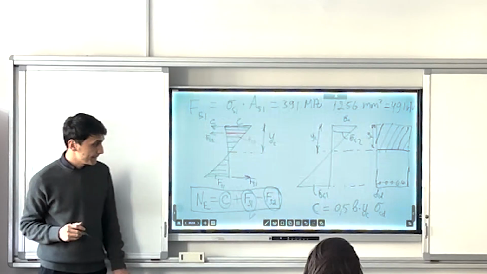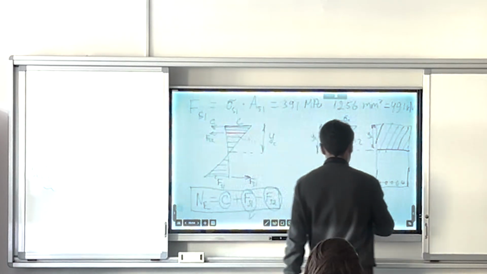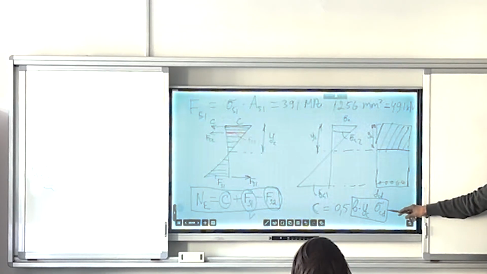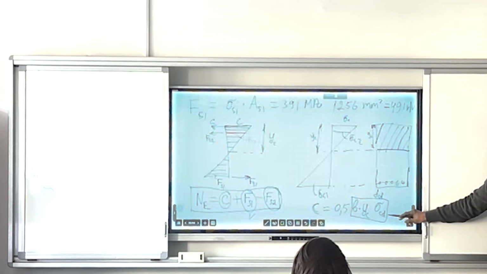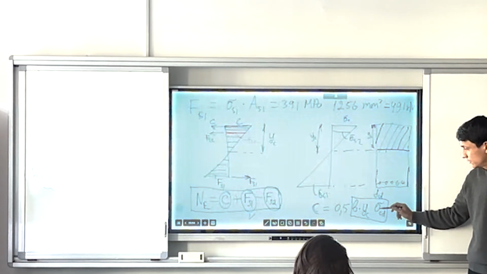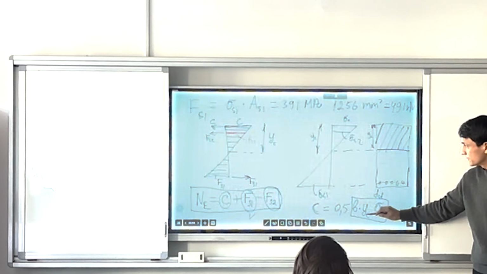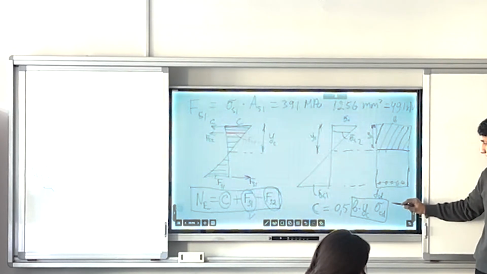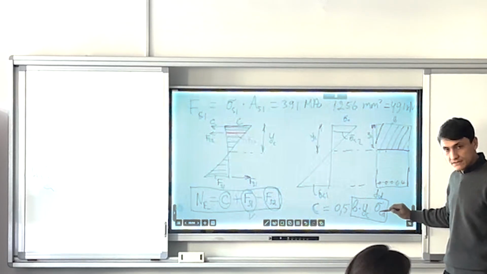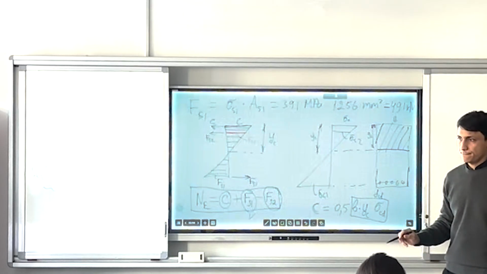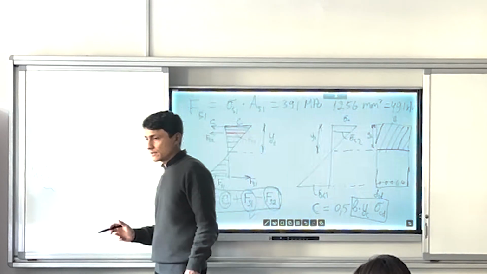These three terms give us the force in the concrete. Is it clear why? Because you have stress multiplied by the area, which is B multiplied by YC. Sigma CD is the design compressive strength of concrete.